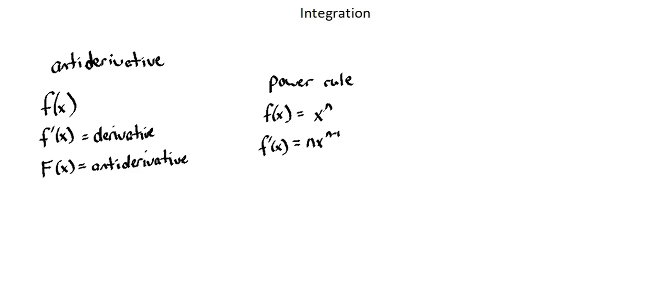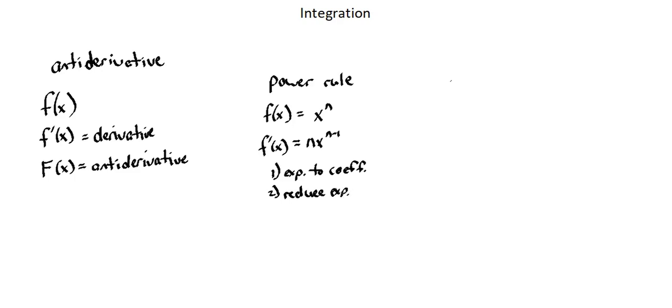So the process is I take the value of the exponent, I place that in front of the x as a coefficient, and then I reduce the value of the exponent by 1. And my two-step process was 1, exponent to coefficient, and 2, reduce exponent.